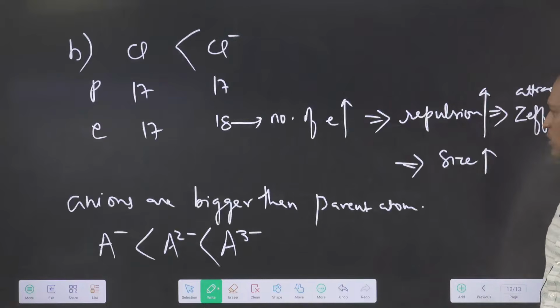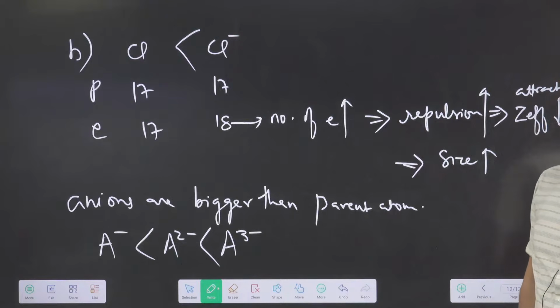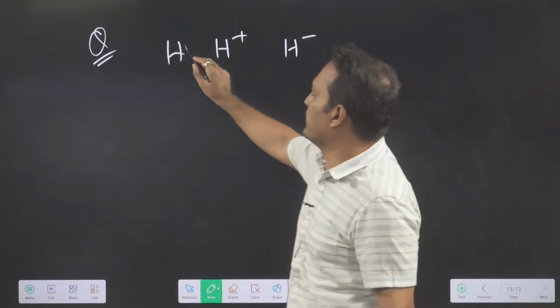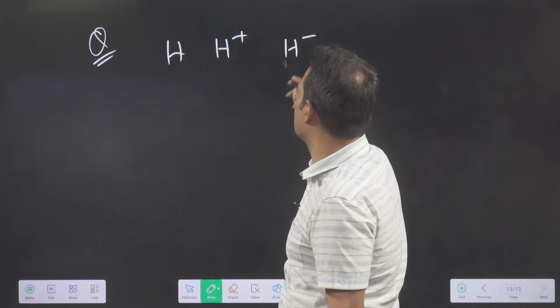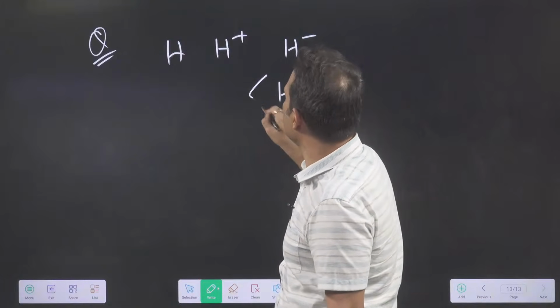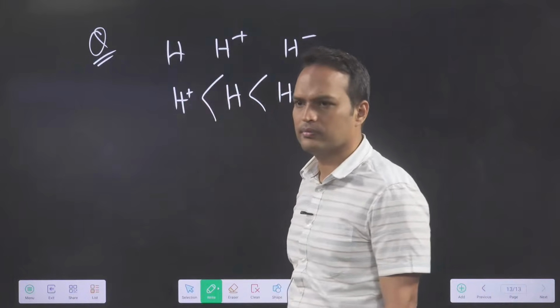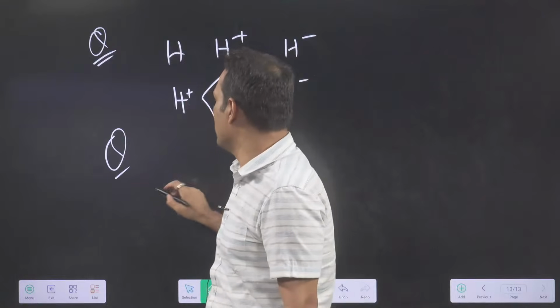Anyone having any doubt in this, you can ask. Cl minus. So you will say, sir, this one is parent atom, this one cation, this one anion. Anion is bigger than parent atom and cation is smaller.